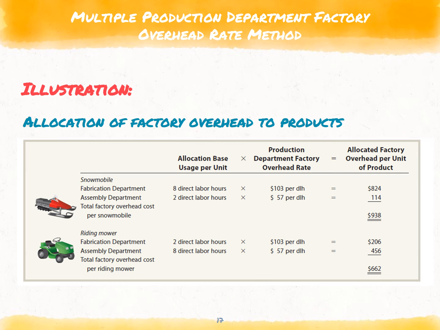This indicates that the fabrication department factory overhead rate is $103 per direct labor hour, while the assembly department rate is $57 per direct labor hour. Since the snowmobile uses more fabrication department direct labor hours than the riding mower, the total overhead allocated to each snowmobile is $276 greater than the amount allocated to each riding mower.